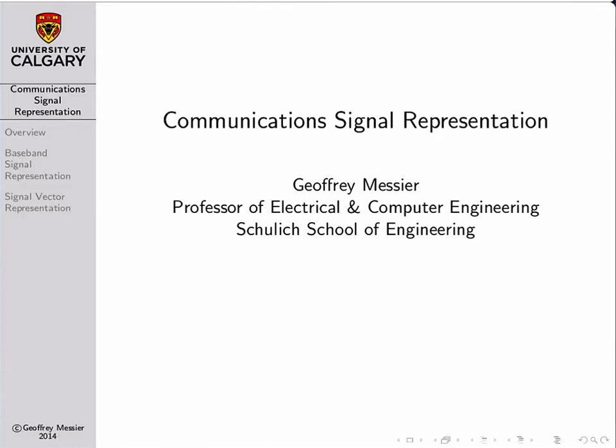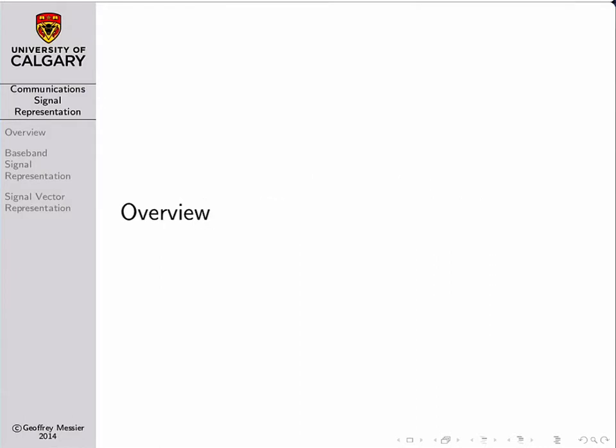The purpose of this video module is to talk about some of the ways that we represent digital communication signals. We can think of digital communications as using analog signals to transmit digital information between two devices through some kind of analog channel. The representation and analysis of these signals is made a lot easier by a couple of different conventions that we use.